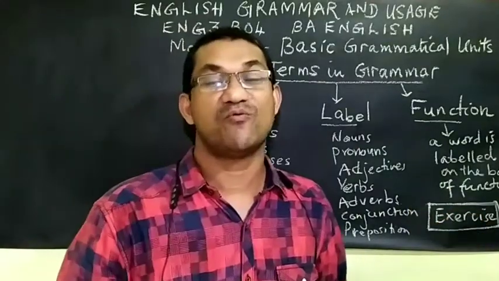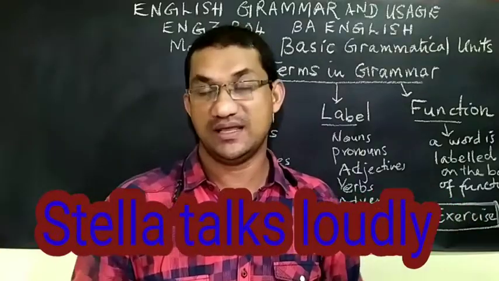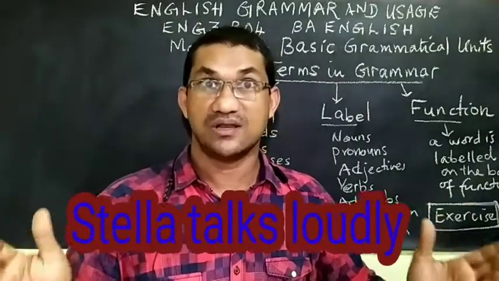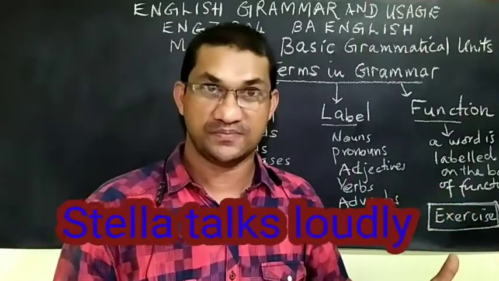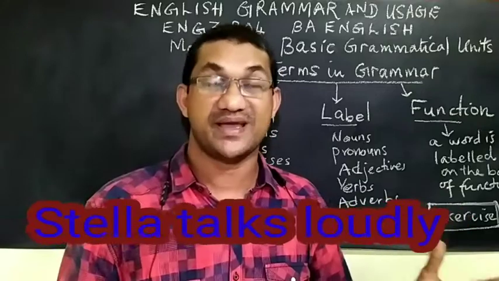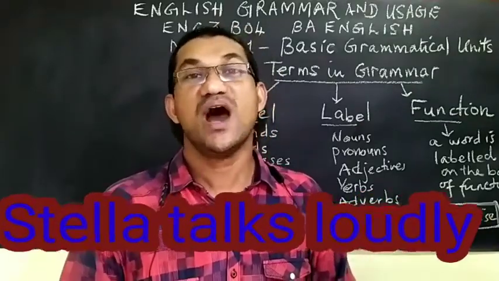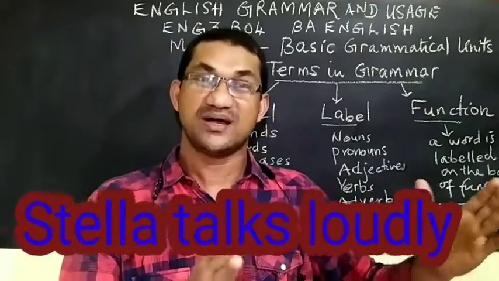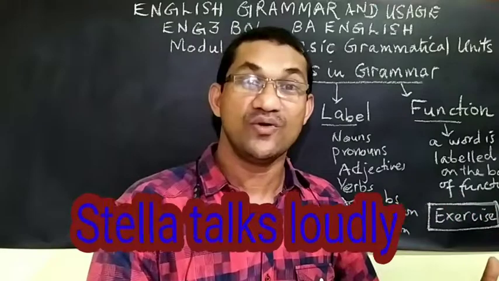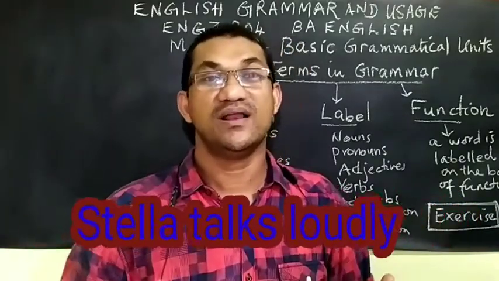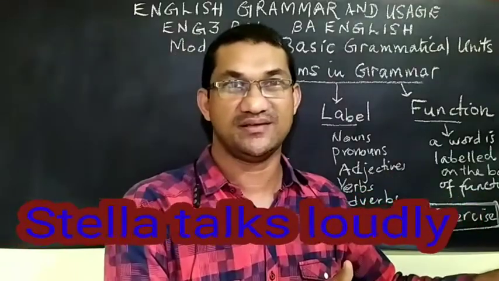Sentence number 1 is: Stella talks loudly. We know that Stella is the noun and the subject, talks is the verb, and loudly is the adverb. Stella is the subject, talks loudly is the predicate.